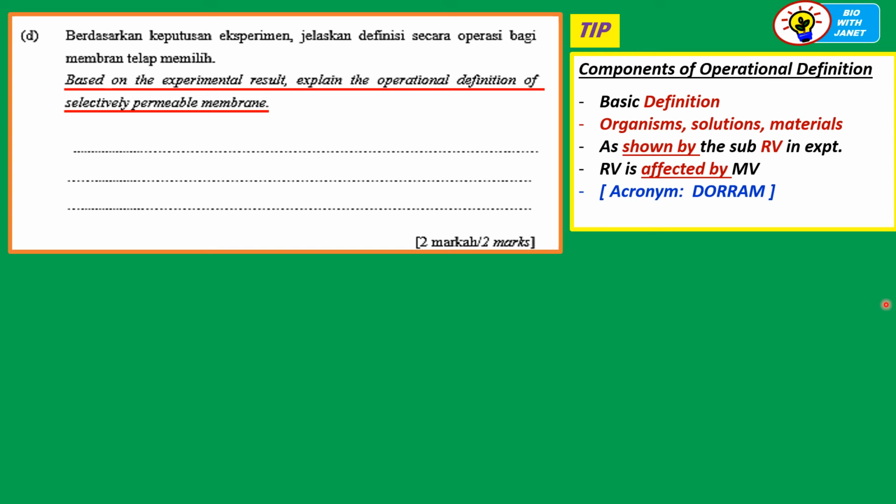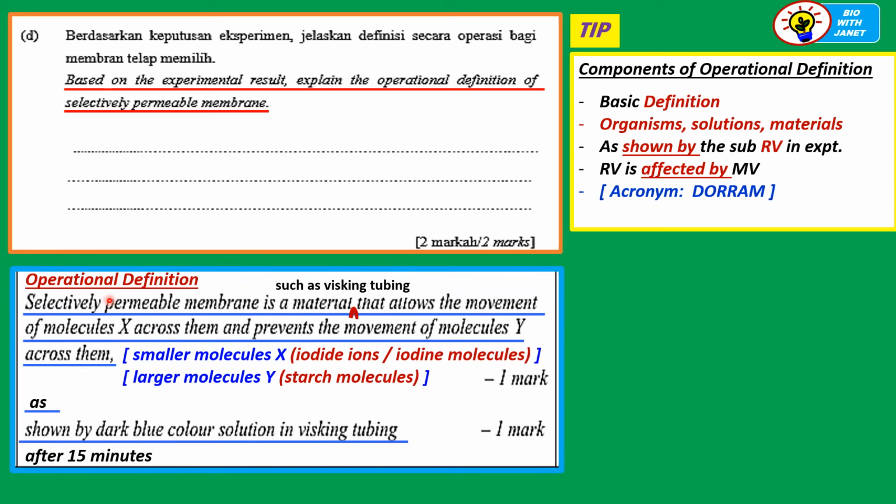So let's look at our operational definition. What is a good operational definition for selectively permeable membrane? A selectively permeable membrane is a material such as whisking tubing. Please mention the whisking tubing, although it's not mentioned in the model answer, because we use it in the experiment.